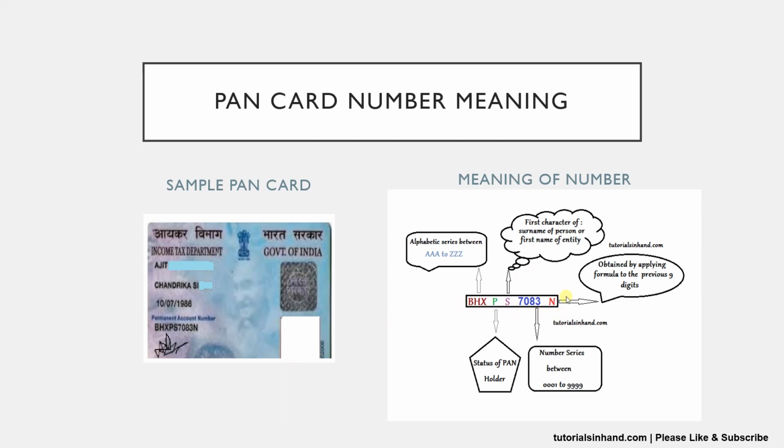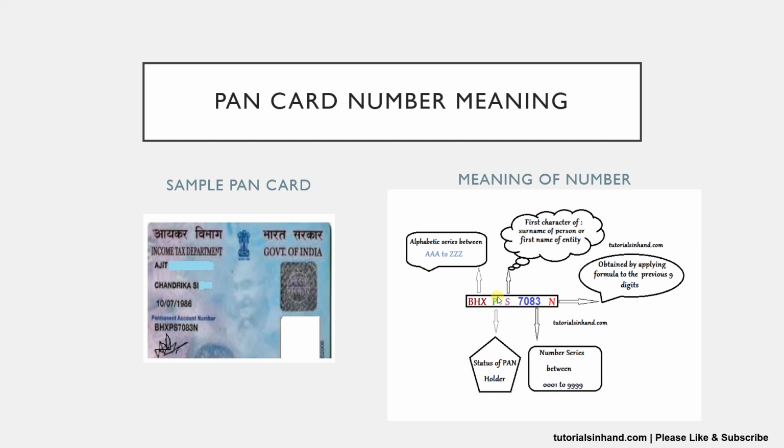This is how we get our PAN number. And now I think you should be able to understand or identify whether the PAN is issued to a particular person or not. Now you can also identify if it is issued to a company or firm or anyone else once we cover the next slide.